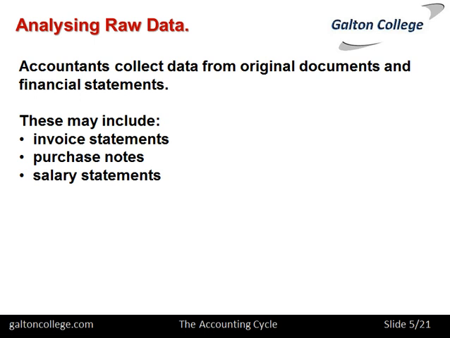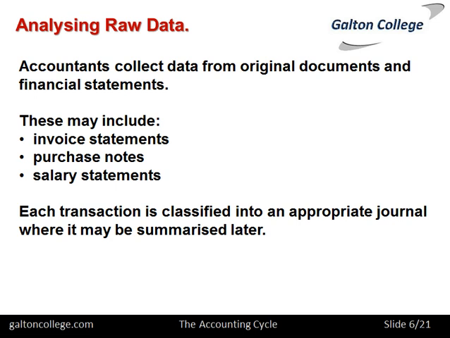So the original documents may include invoice statements, as I said, purchase notes, salary statements, and others. But these are just some for illustration. Now each transaction is classified into an appropriate journal where it may be summarized.